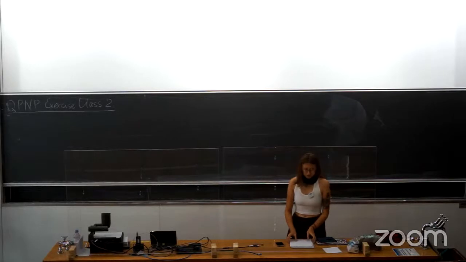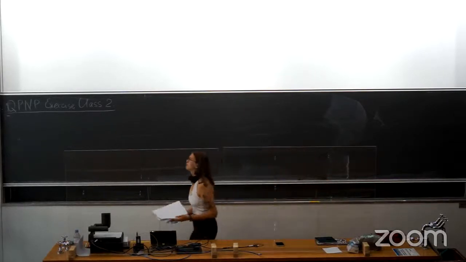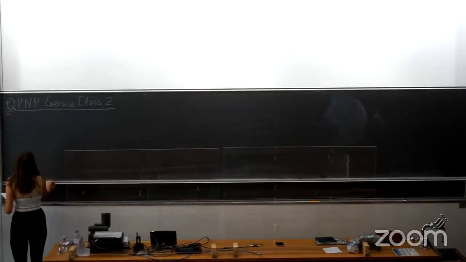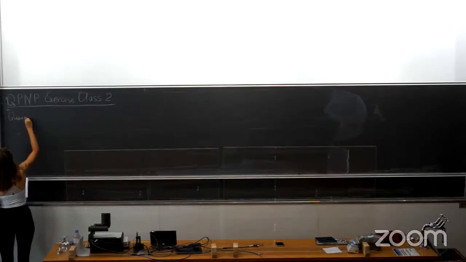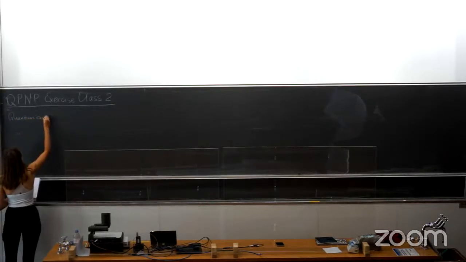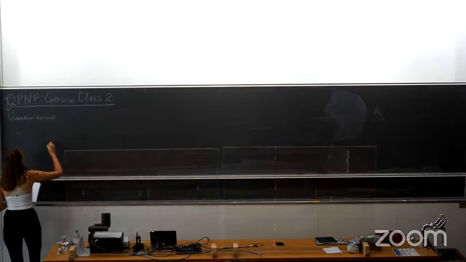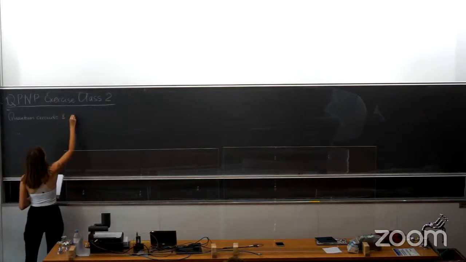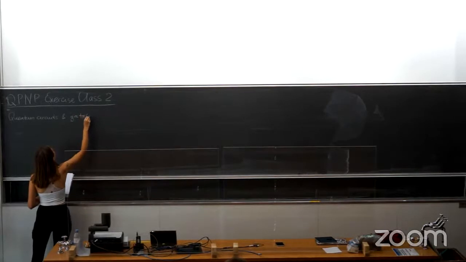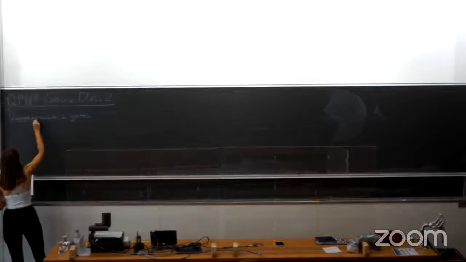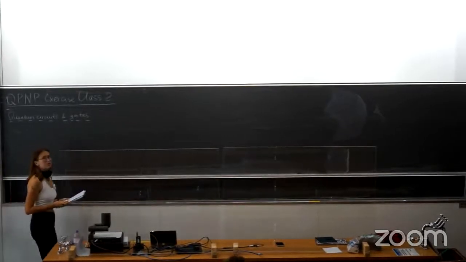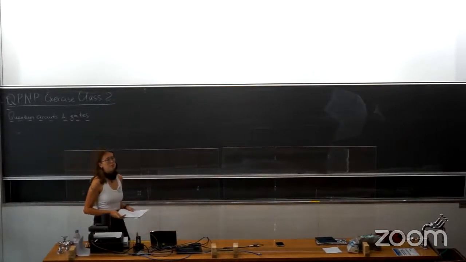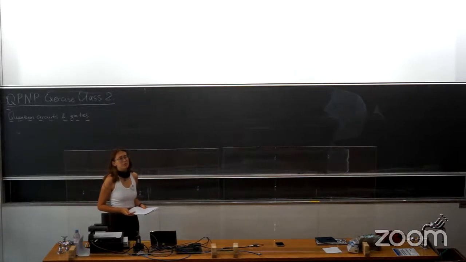Okay, so let us start with quantum circuits and quantum gates. As we've seen in the lecture, the evolution of a quantum state can be represented as a unitary.